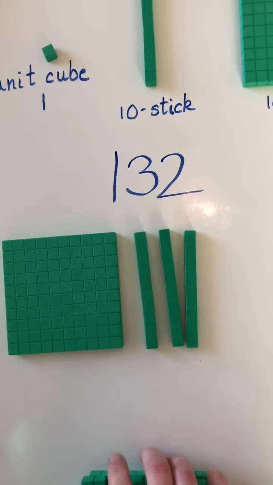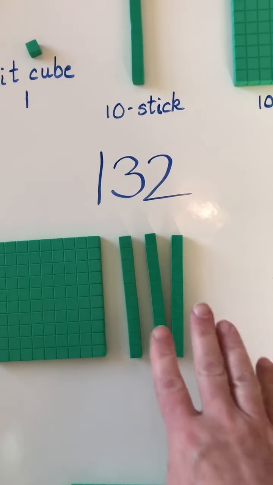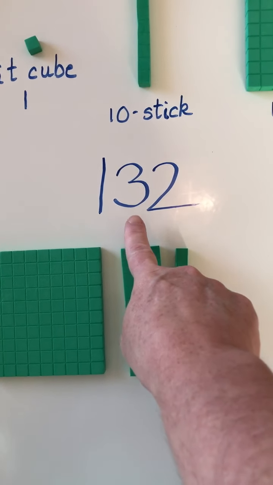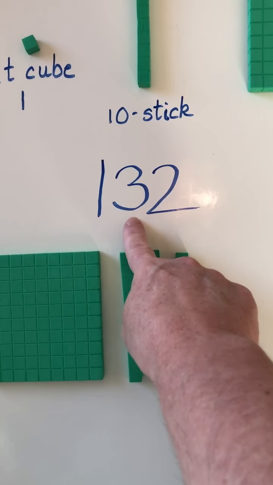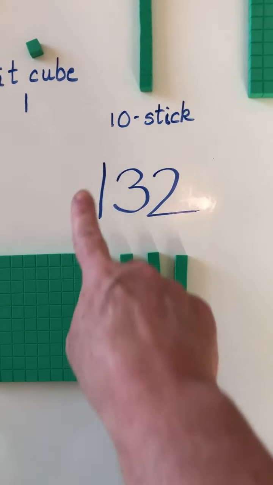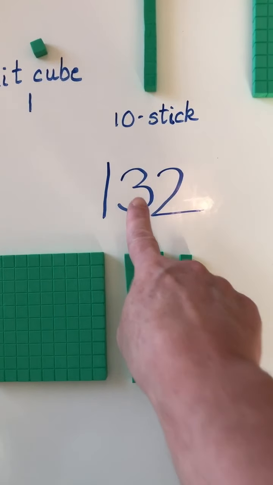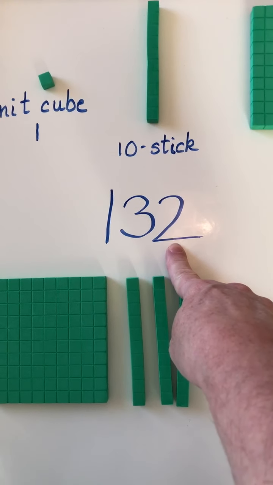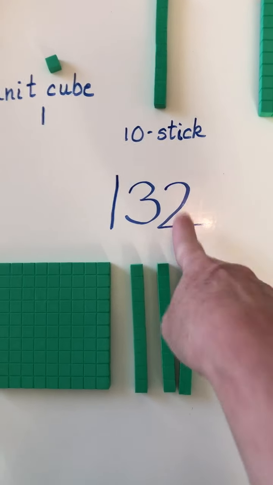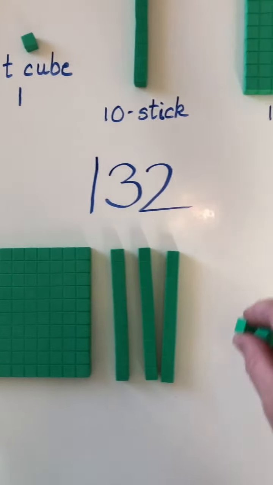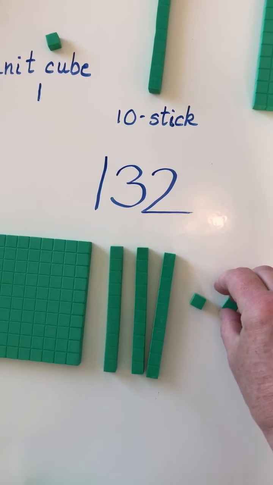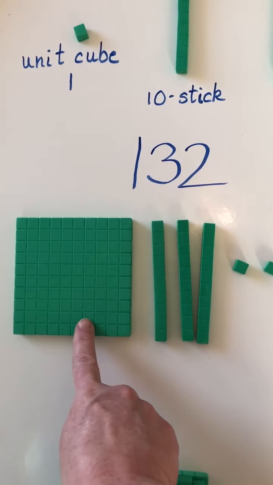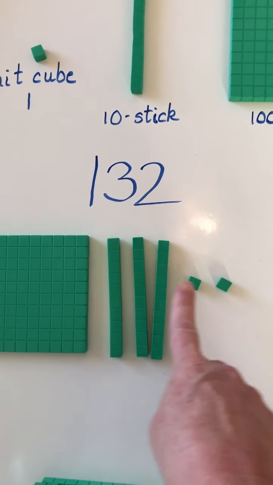Okay, how many 10 sticks did I need to show the 3 here in the tens place? You're right, 3 of them. 100, 3 tens, and then how many unit cubes? Yes, 2. 2 ones. 132.